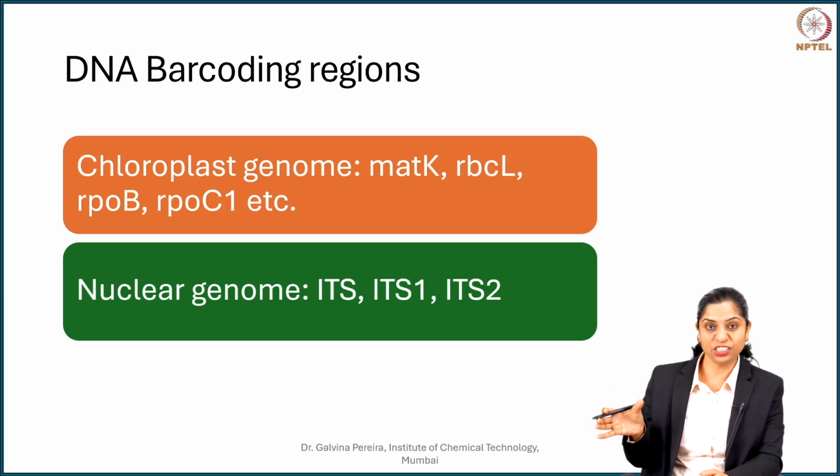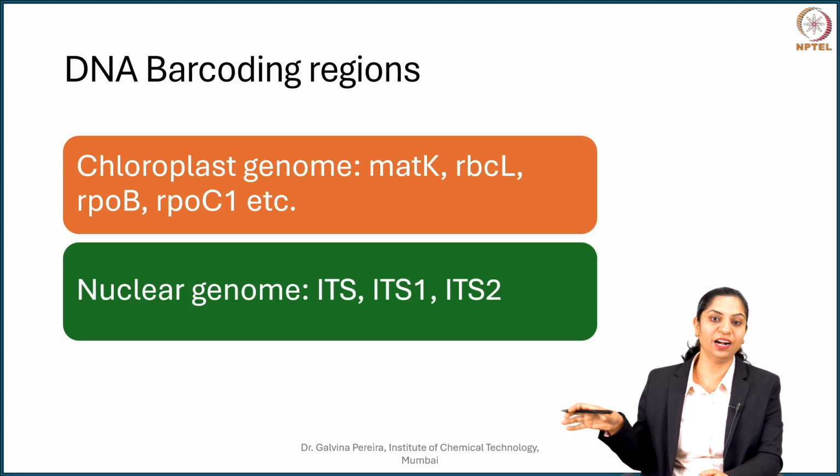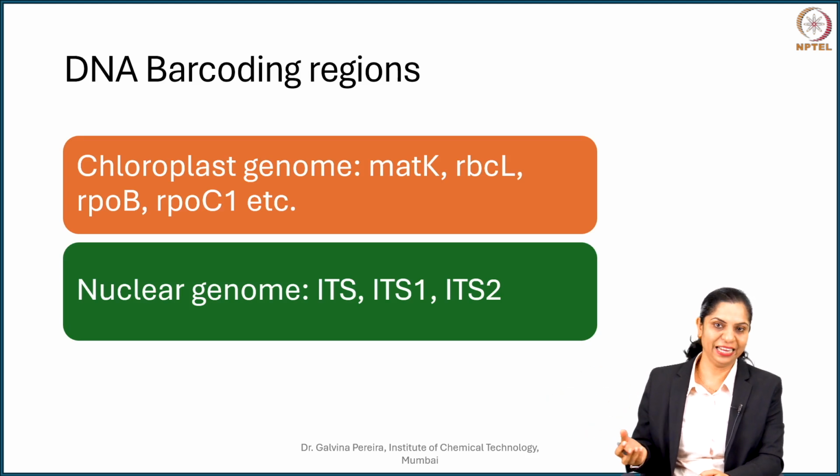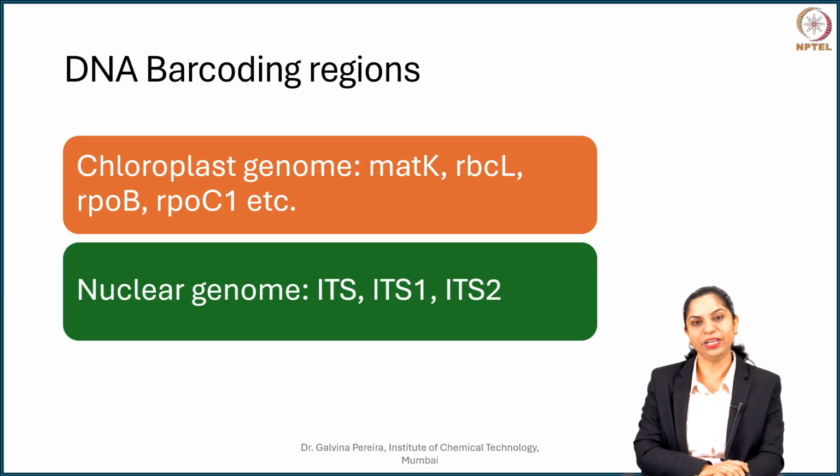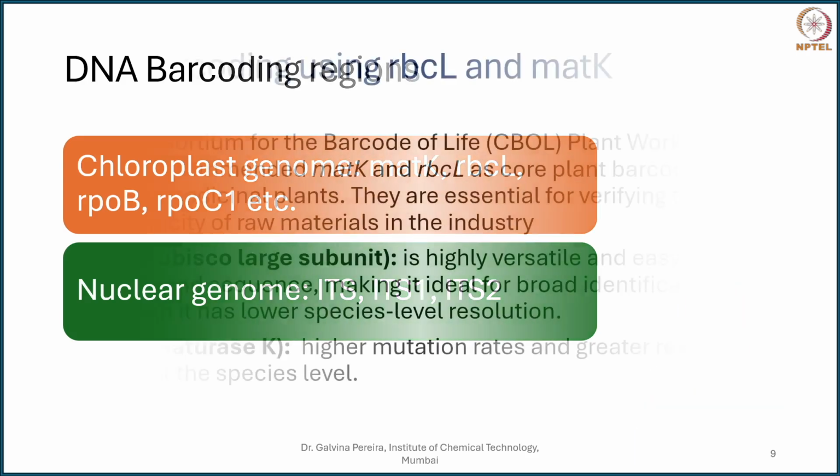The marker regions used for checking the variability between plants include your matK, rbcL, rpoB, rpoC and so on. So what are these names and how do we come across this? Let's try to understand them.